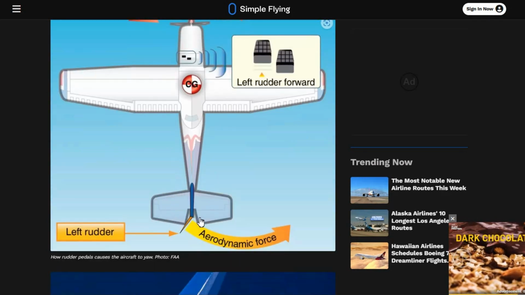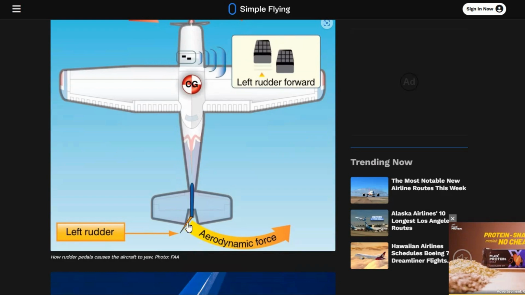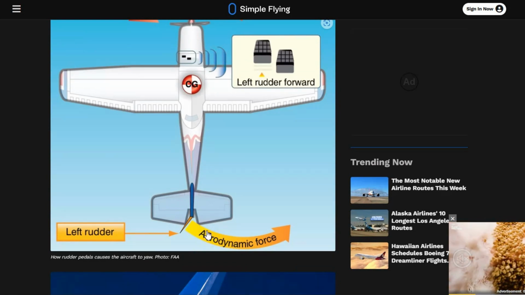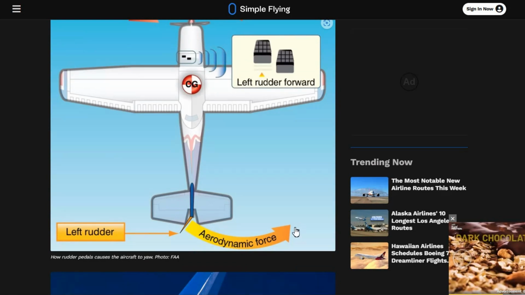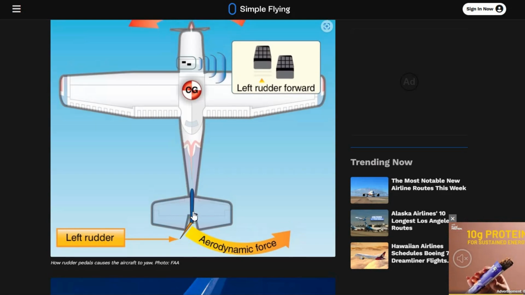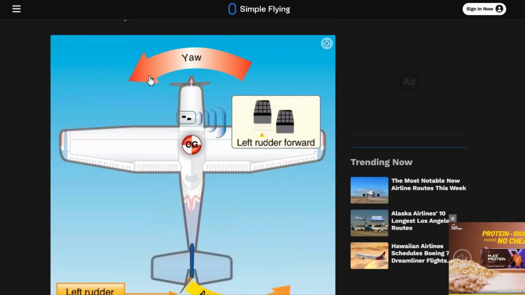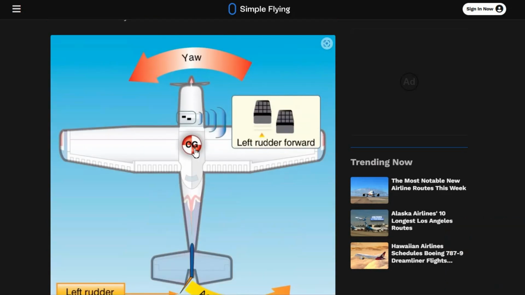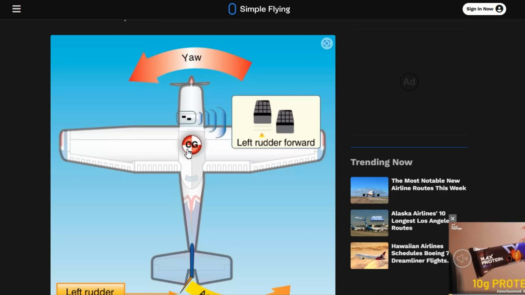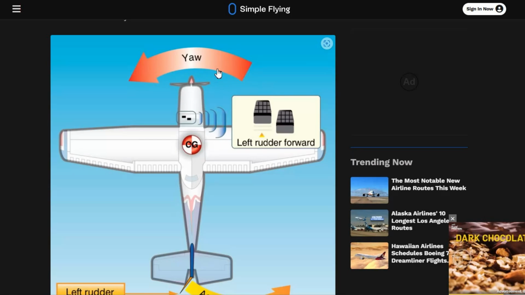When the rudder pedal is pressed on the left side, this surface area is increased, the force will act here, and the tail part will go in this direction as shown in the photo. The nose will go to the other side, because the center of mass is over here. This movement is known as the yawing movement.